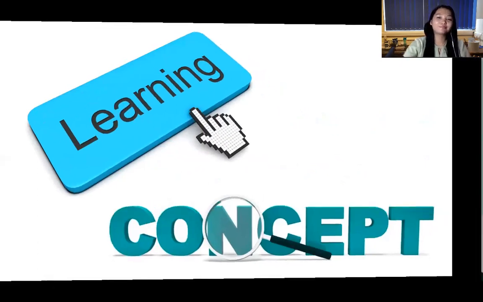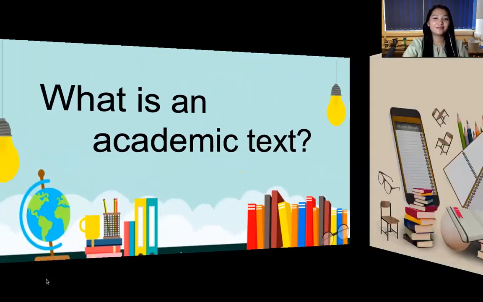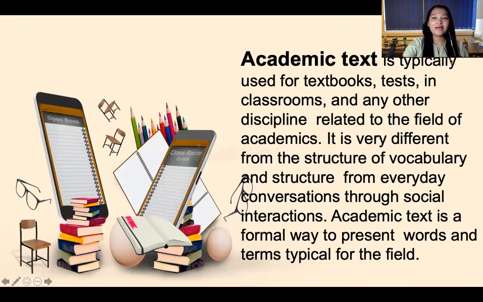Next, let's proceed now to our learning concept. Okay. So what is an academic text? Class, an academic text is typically used for textbook, for test, in classroom, and in any other discipline related to the field of academics. Now, it is very different from the structure of a vocabulary and the structure from everyday conversation through social interaction.